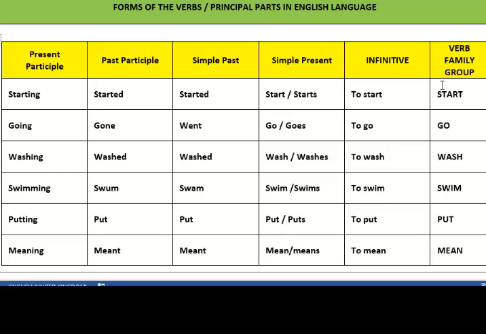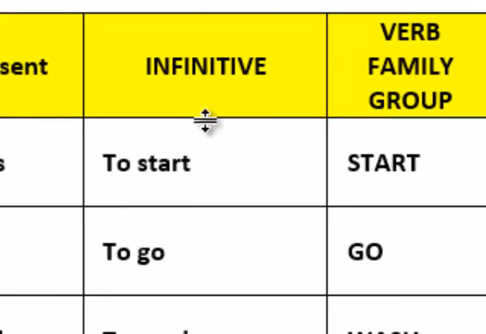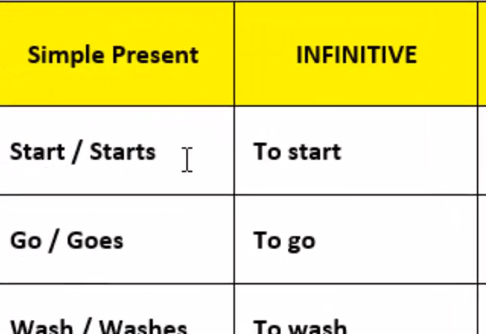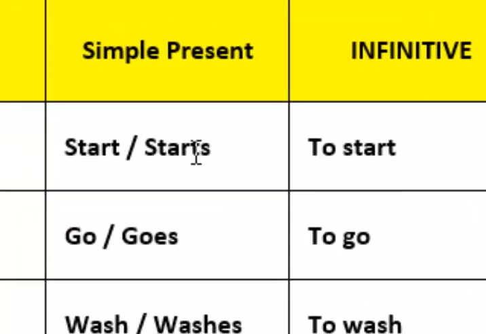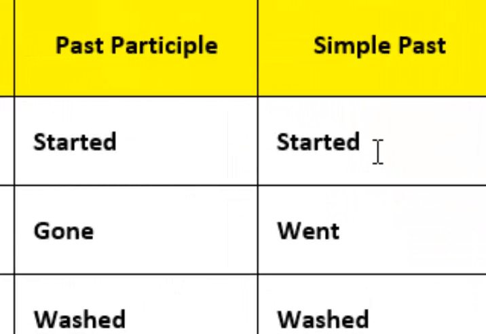Now, for example, if we are talking about start, start in infinitive form is to start, and then start or starts. In present indefinite tense, we have seen that with he, she, it, or name, we add s or es at the end of the verb. So start or starts is the simple present. Then in simple past, we use started, which is commonly known as the second form of the verb.